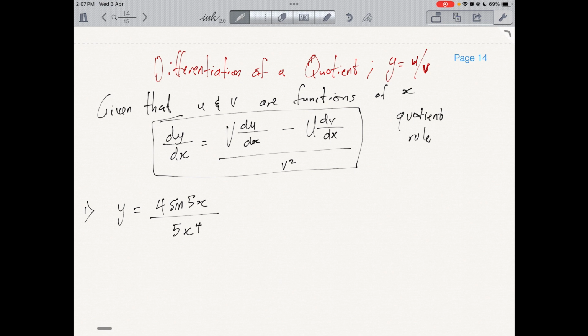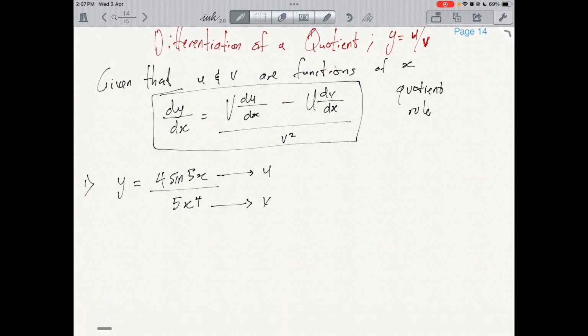Now 4 sine 5x divided by 5x raised to power 4 is a quotient. So we say this is u and this is v. So our u is 4 sine 5x and our v is 5x raised to power 4. Now we have to evaluate du/dx and also dv/dx.